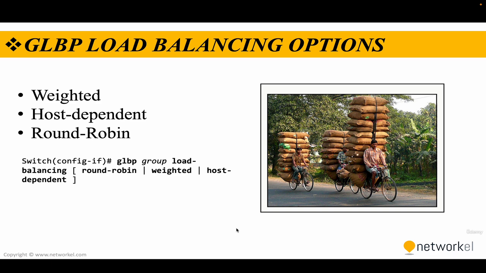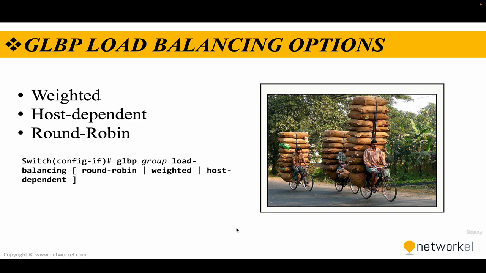There is weighted load balancing that allows administrators to assign different weights to AVFs based on their capabilities or network conditions. AVFs with higher weights receive a larger proportion of traffic, while those with lower weights handle less traffic. And we have host-dependent load balancing.